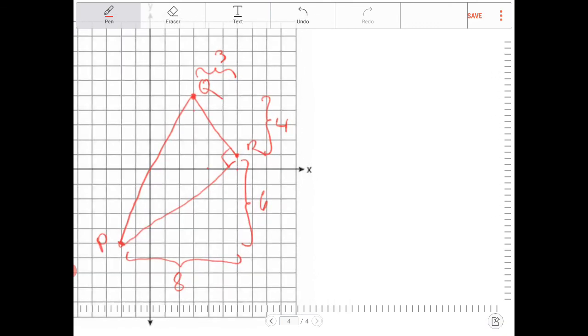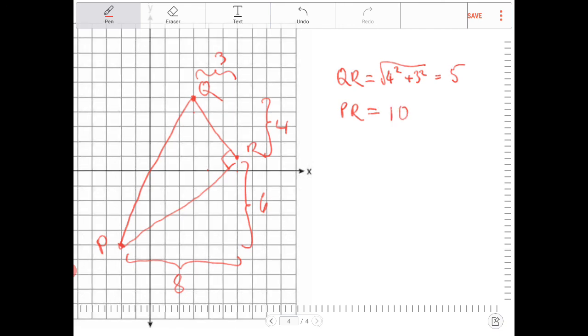I want to solve this a little differently. So I know that QR has a length of 4 squared plus 3 squared, which is equal to 5 squared, or just 5, right? And PR, because it's a 3, 4, 5 triangle, will have a length of 10.